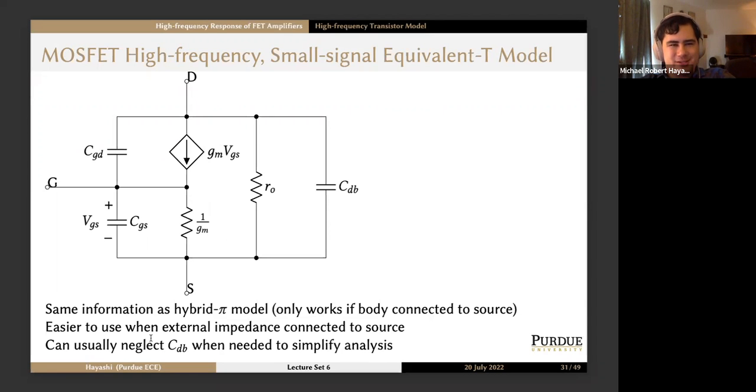And it's easier to use this equivalent T model whenever you have some sort of external impedance connected to the source, so the source terminal isn't tied directly to a supply terminal. You probably want to use the equivalent T model to save yourself some work. Otherwise, you're going to have to apply your probe voltages and measure the probe currents in order to find your input resistance and output resistance effectively.